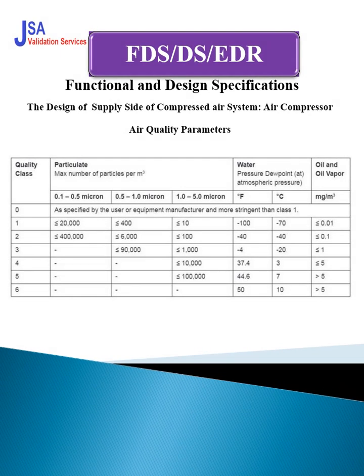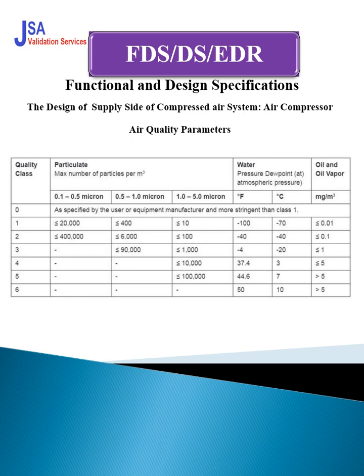Now these are the air quality parameters as per ISO 8573. There are different classifications of air, and accordingly we have limits for parameters like particulate matter, water, pressure, and oil and vapor.